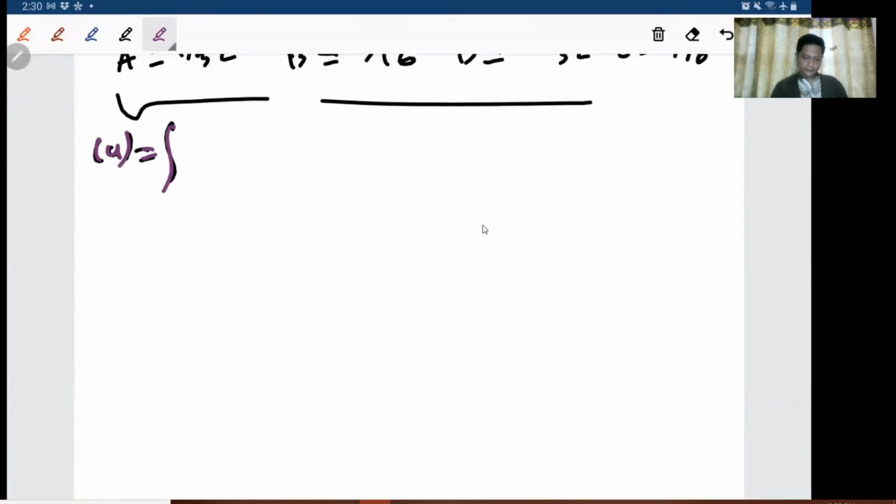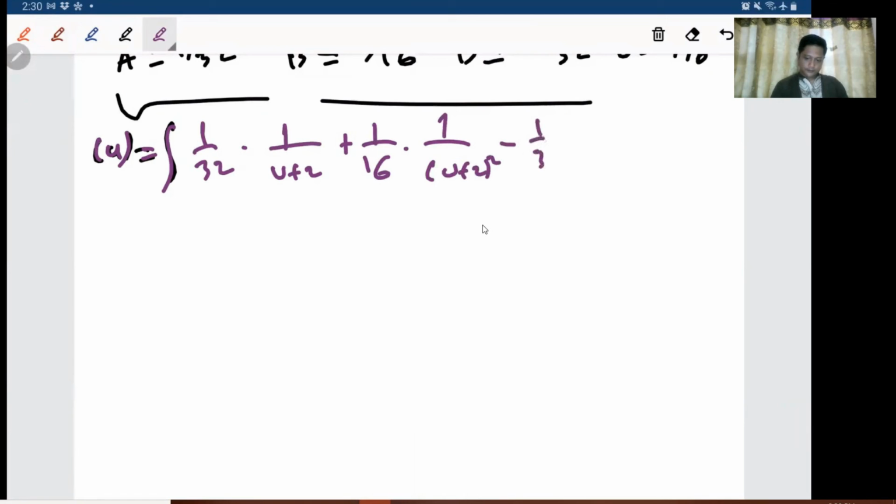Integral: I have 1 over 32 times 1 over u plus 2, plus 1 over 16 times 1 over u plus 2 squared, and then minus 1 over 32 times 1 over u minus 2, plus 1 over 16 times 1 over u minus 2 squared, du.